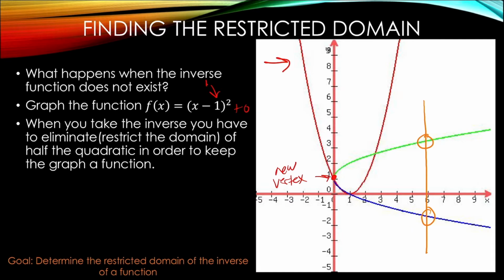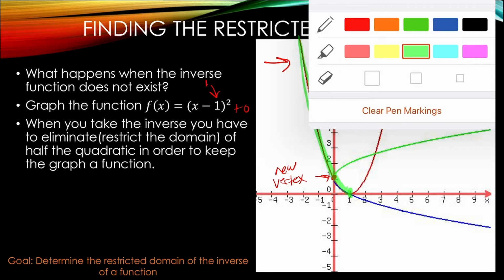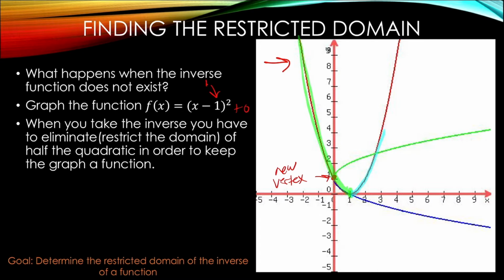Okay, so what we have to do is look at just half of this. I can either look at just the green half or just the blue half because I want my inverse to still be a function. So we have to restrict our domain, which means I can look at this half of my parabola, or I can look at this half of my parabola.